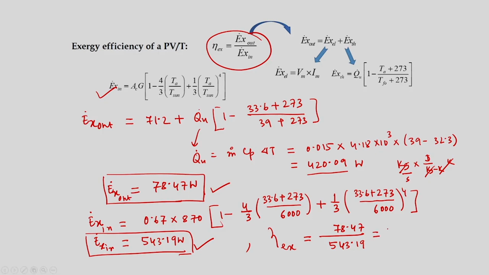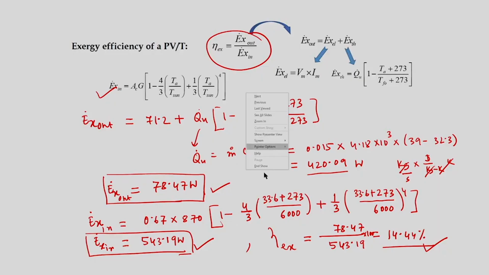So, this is found to be 14.44 percent. So, we need to multiply by 100 to get the percentage. Okay. So, this is the exergy efficiency, right. So, once we know these values of temperatures, and then solar insolation and then maximum power, then from that we can calculate all those efficiencies, right.